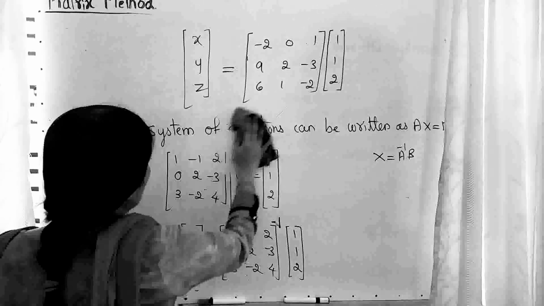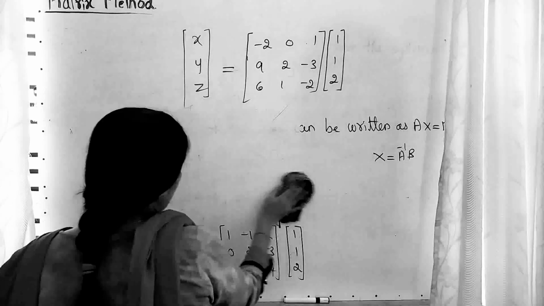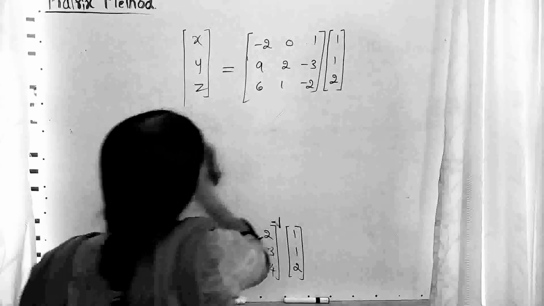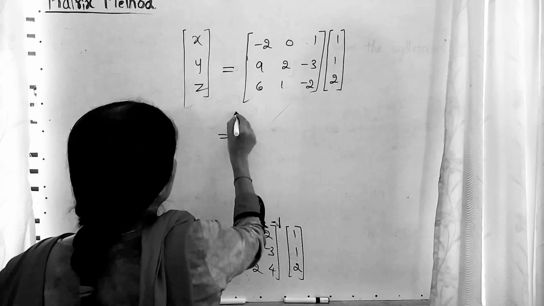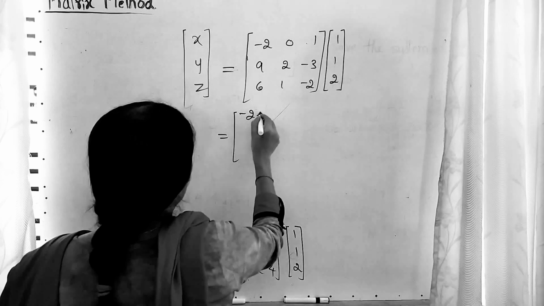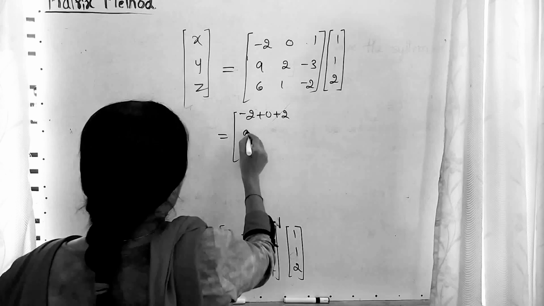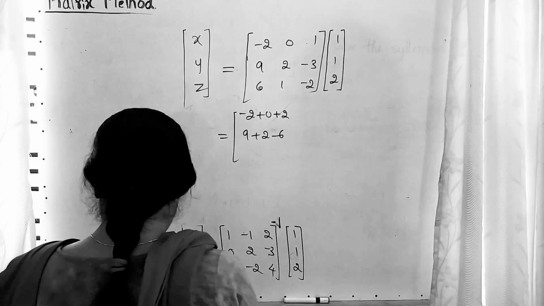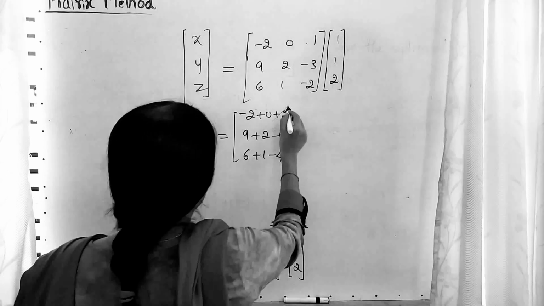So especially those who are writing competitive exams and those who are interested in mathematics, you will enjoy this problem. Now multiply these two. Minus 2 plus 0 plus 2. Next, 9 plus 2 minus 6. Then 6 plus 1 minus 4.